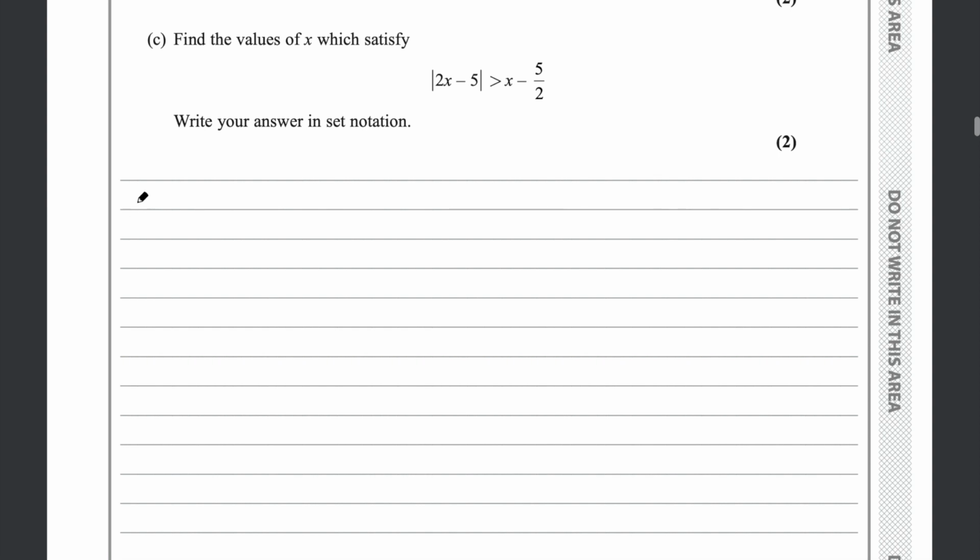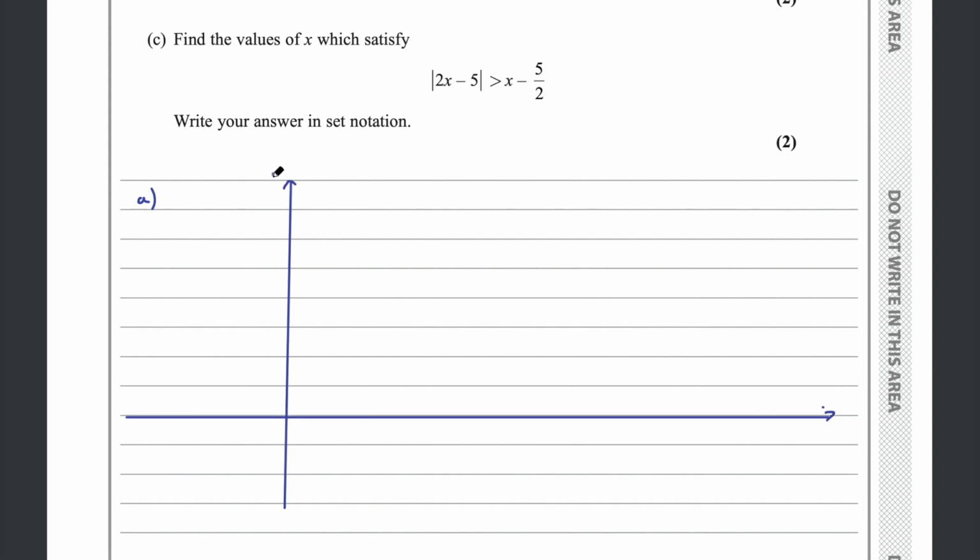So for part A, first we need to draw our axes, and it'd be nice if they provided graph paper, but I have to do with these lines. So give yourself enough space on your page, draw a nice big axes, label them x and y, and then give yourself a scale. So 1, 2, 3, 4, 5, 6, 7, maybe go up to 10.